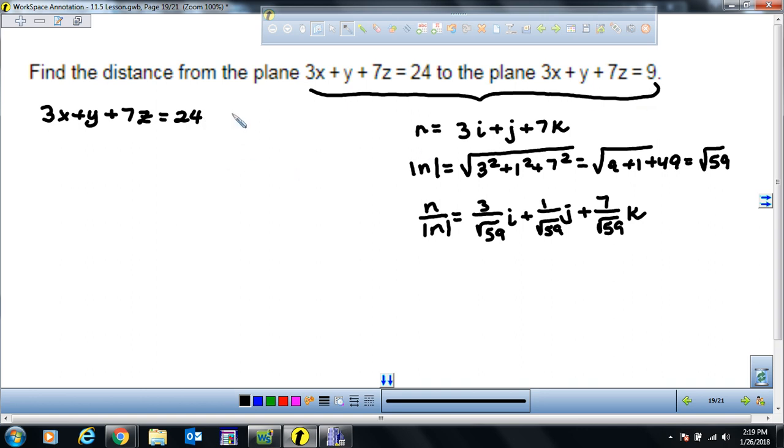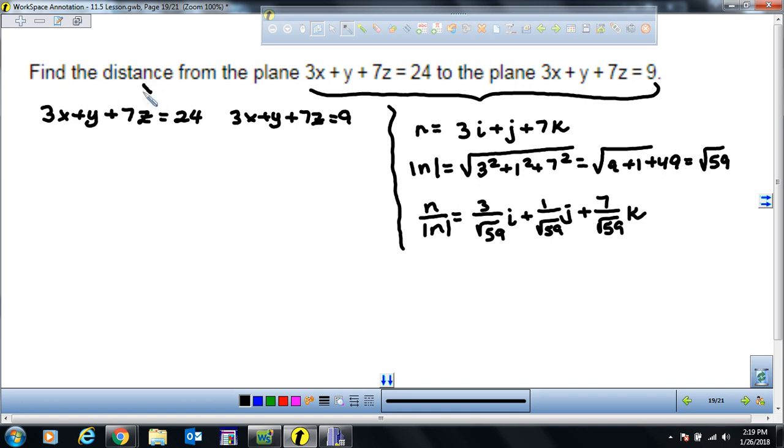It can be x or y or z, but the easiest one would be the x-intercept, because 24 is divisible by 3 and 9 is divisible by 3. Some of the other intercepts will result in fractions, so I'm going to avoid fractions for now.